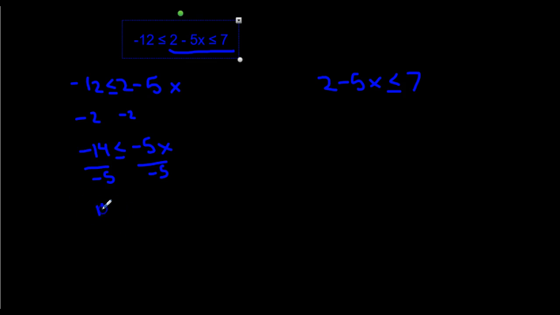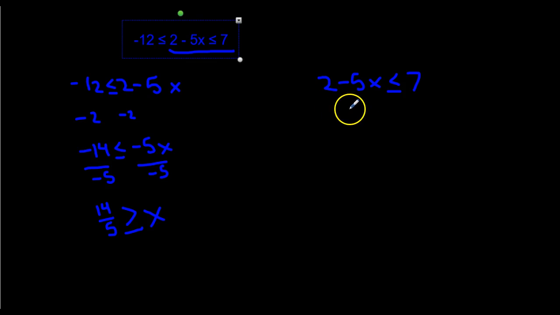And so over here we get 14 fifths, which is a fifth less than 3. And then over here we get, that's just a 1x. Now remember, we divided by a negative number, so we have to flip this sign. So there we go, we're done on that side.